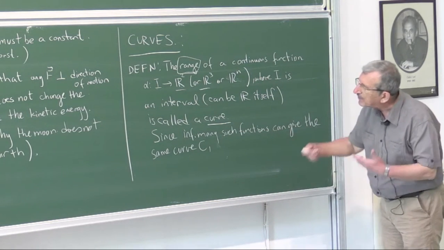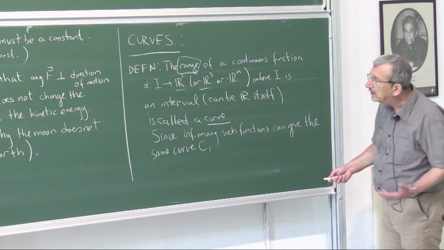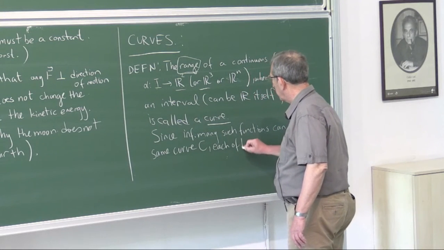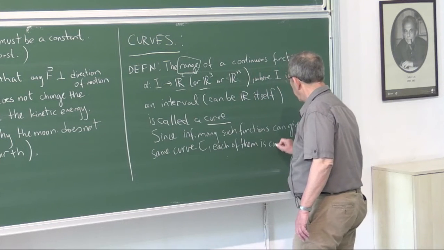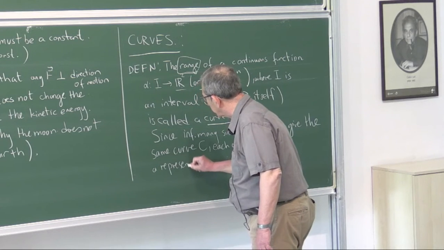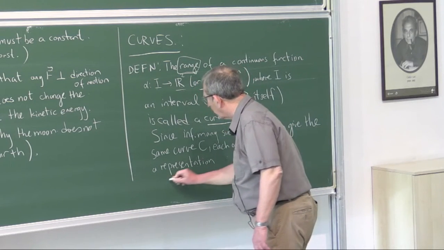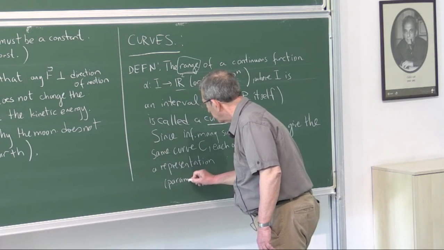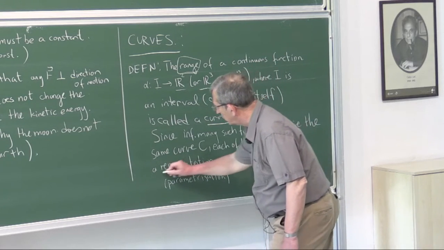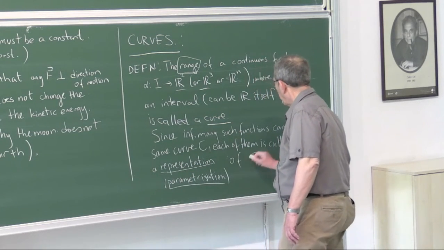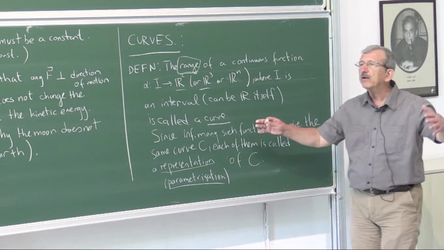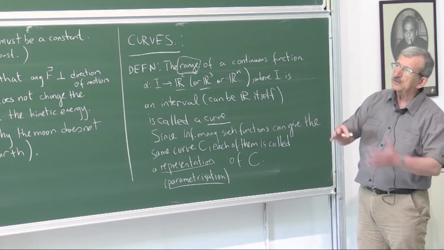these functions which give this C certainly are not unique, and so each of them is called a representation or a parametrization of C. So we have a geometric figure in R2, for instance, and it's the range of some function.